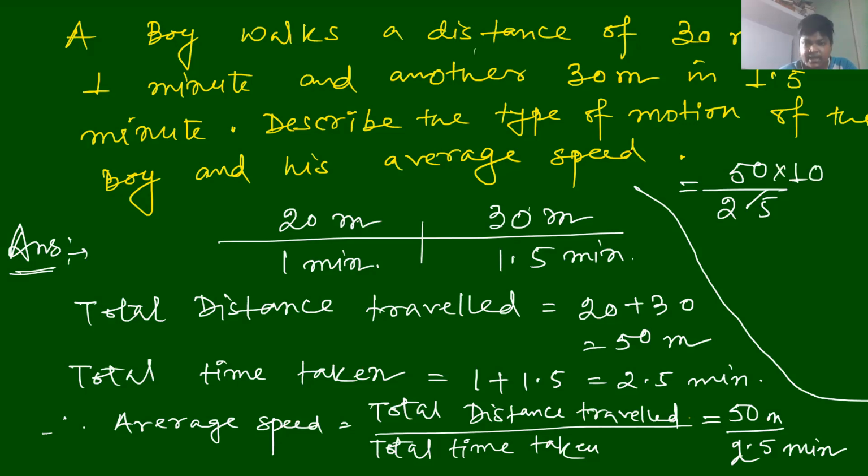Whenever there is a number which is having a decimal point, if you omit the point, you will get a 10 in the denominator. In this case, 2.5 is in the denominator. So whenever you are omitting the point that was at 1 decimal place, that's why you are getting 10 after the 1.